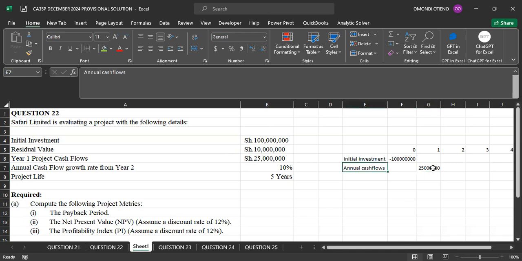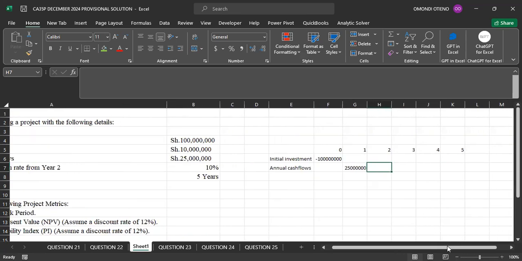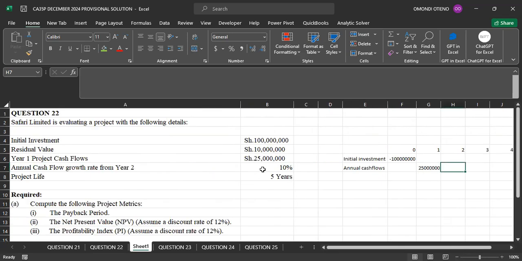Good. Then we get to this part here, that is year 2. What are they telling us about year 2? They are telling us here that the annual cash flow growth rate from year 2 will be 10%. That is, the annual cash flows from year 2 will be increasing by 10% of the previous year's cash inflow. So if they tell us that it's going to increase by 10%, the growth rate here is constant.